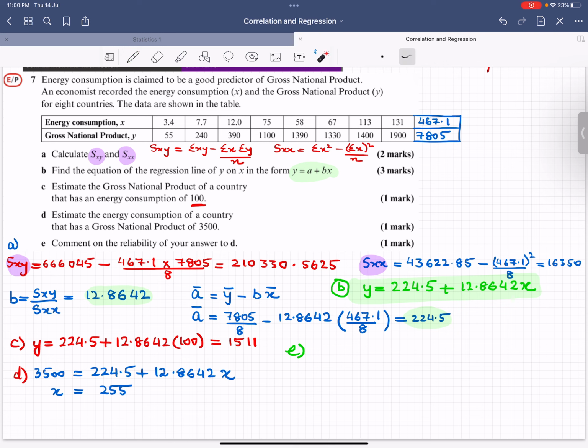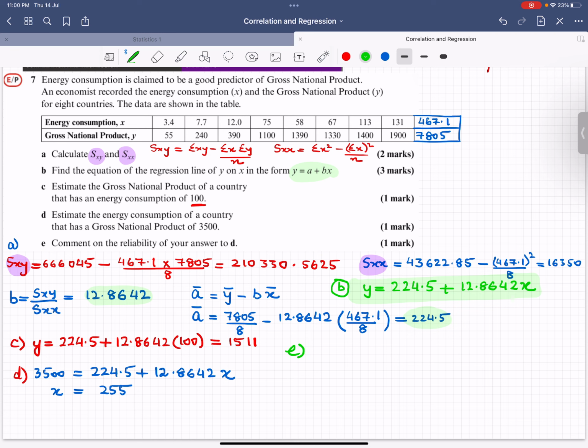If we observe the Y values, we have them from 55, and the value 3500 is well outside the range of the Y values that we currently have.